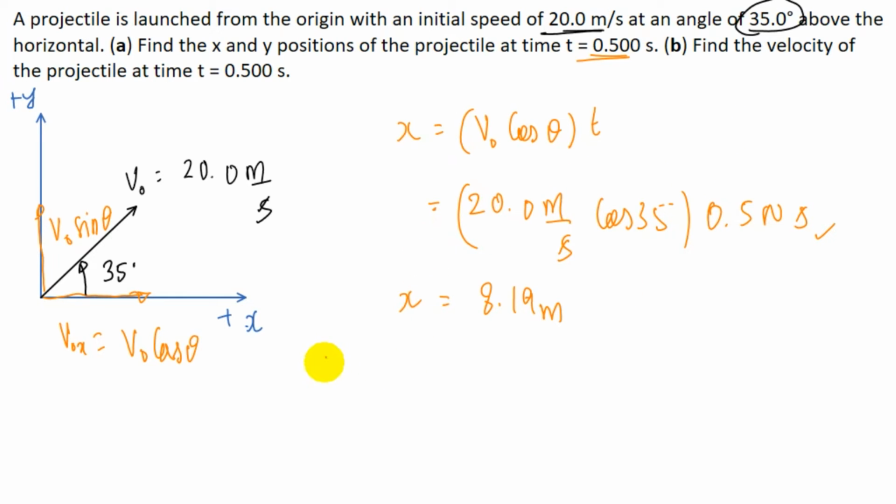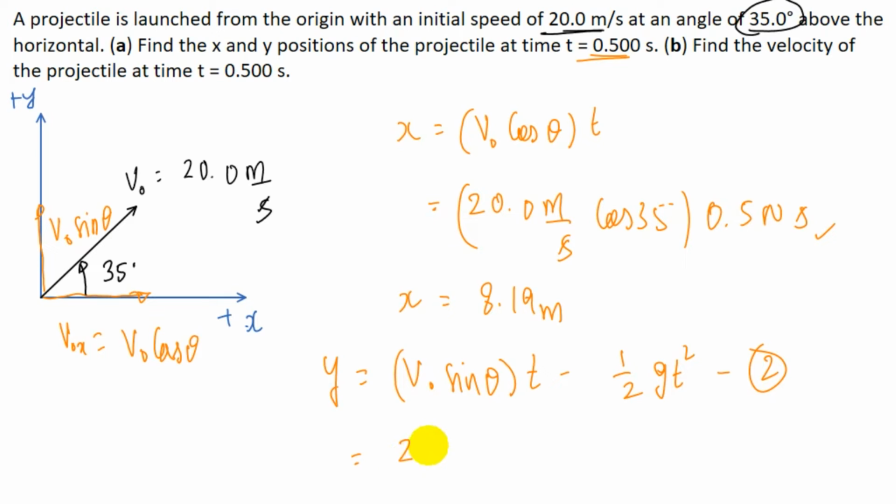So for that I'm going to use y is equal to v naught sine theta times t minus 1 over 2 g t square. This is the same equation, the second equation that we derived just now. Now I'm going to put the values.